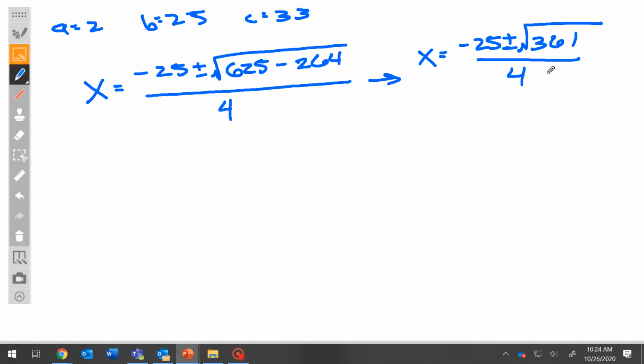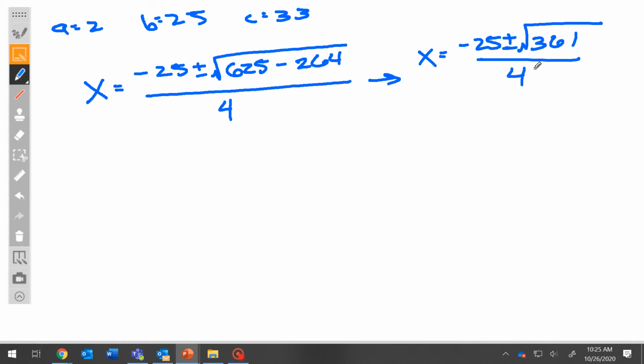I do not know if 361 has any prime factors. 361 divided by 7, 361 divided by 8, I don't think 361 has any. No, it is. It's a perfect square. 19 squared. So it does have perfect square factors.